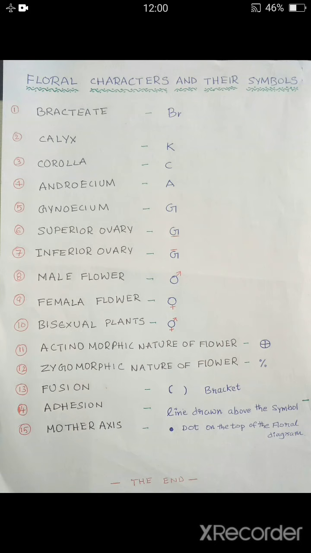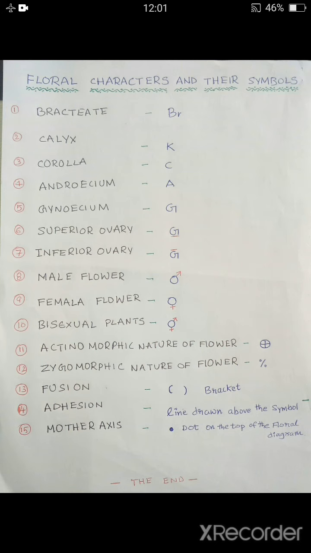Students, I am explaining another important concept from morphology of flowering plants, that is the semi-technical description of a typical flowering plant. You know, scientists from different corners of the world started using different morphological features, different symbols, different codes for describing a flowering plant.